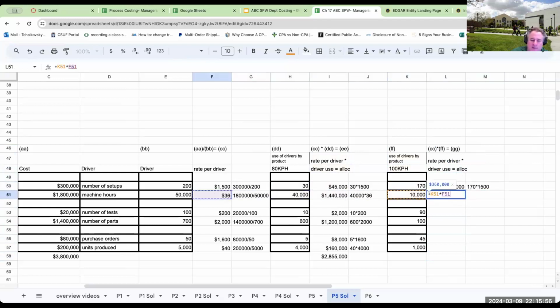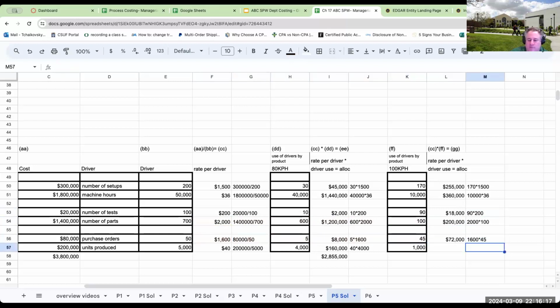Here I'm going to take 10,000 and multiply it by 36. Here I'm going to take 90, multiply that by 200. Here I'm going to take 2,000, multiply it by 100. And here I'm going to take 1,600 and multiply that by 45. And then I'll take 40 times 1,000.